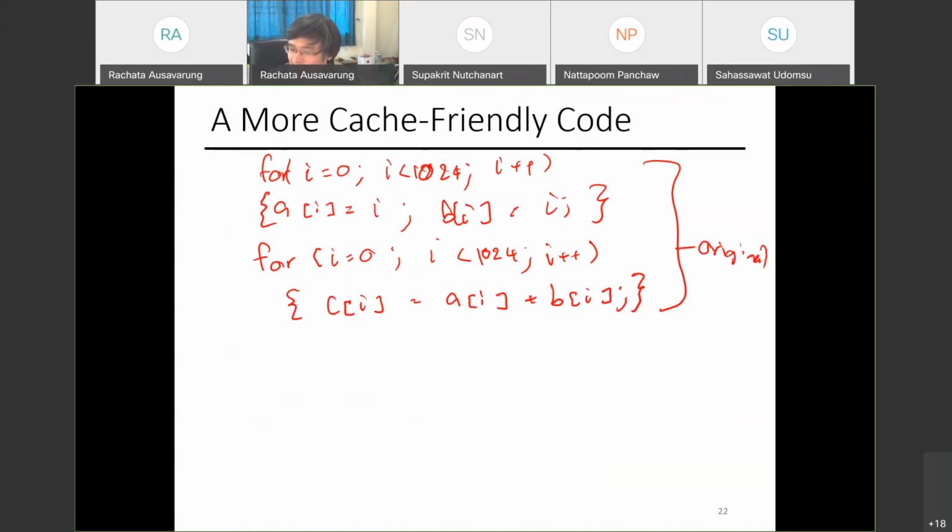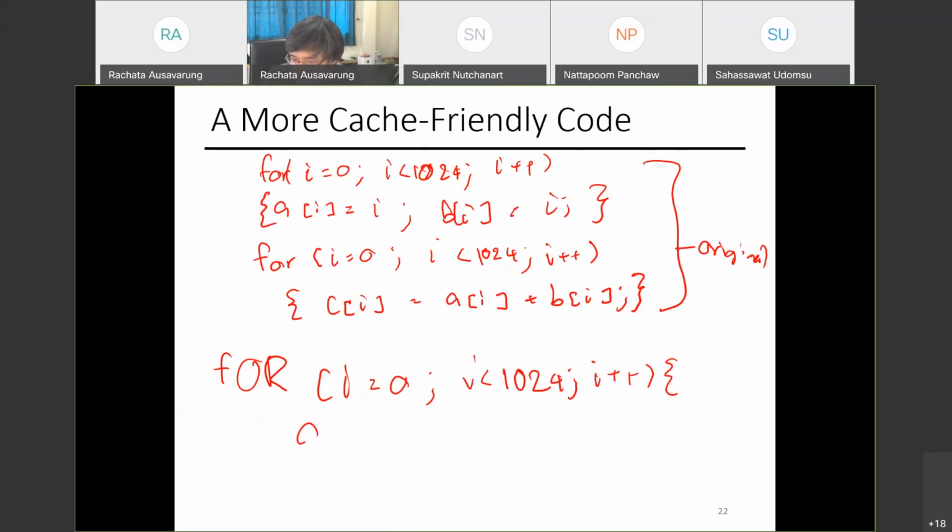One thing I can do here is I can merge them. So I have one loop: for I is 0, I is less than 1024, I plus plus, right?